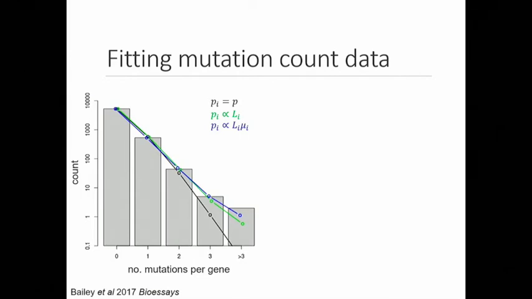So from 0 to 3, and I've pooled anything over 3 in that last column here. The vast majority of genes in the genome for this data set have 0 mutations. We're just looking at a small collection of mutations that have arisen in this mutation accumulation experiment.